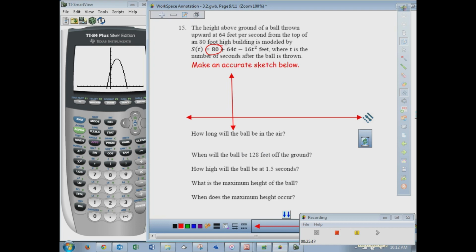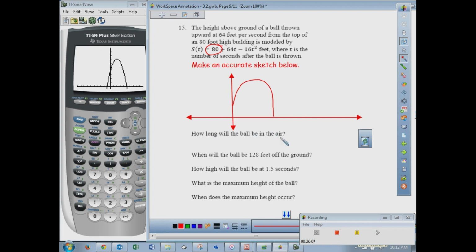You can use the line tools if you want to, which take way too much time in my opinion. I would hand out straight edges if we were doing a lot of stuff and actually had to use a straight edge, but this is just a sketch. It said accurate though, so here's what I'll do for right now. And then, these questions that we answer, I'm going to go back and put them in the sketch as we answer them.